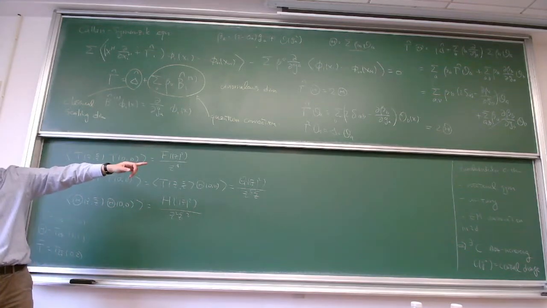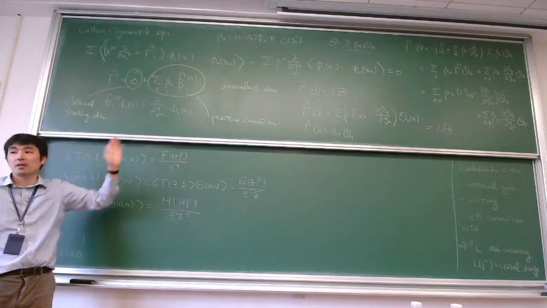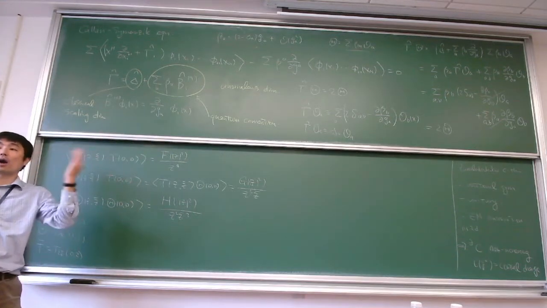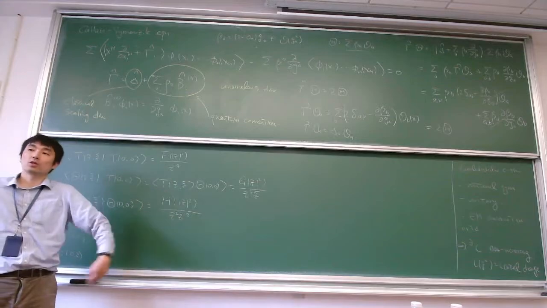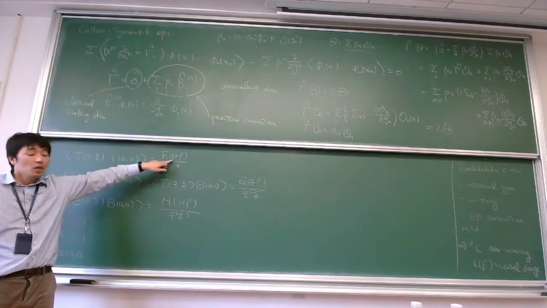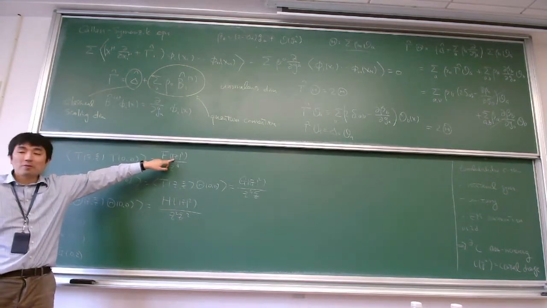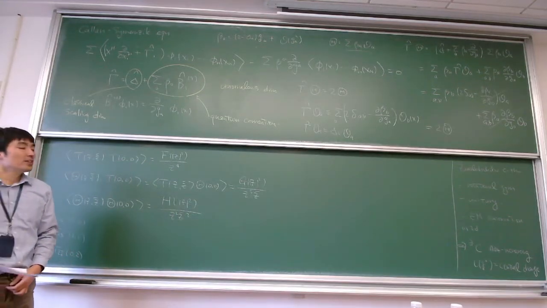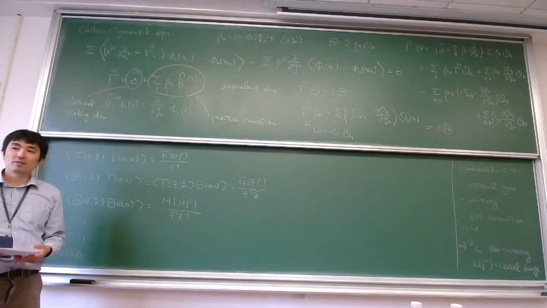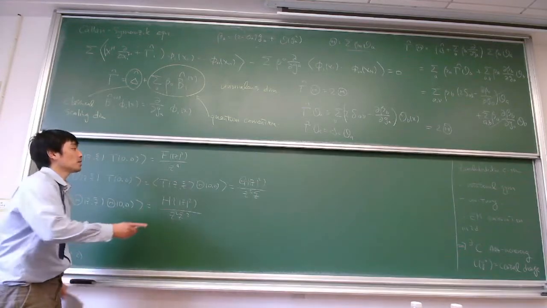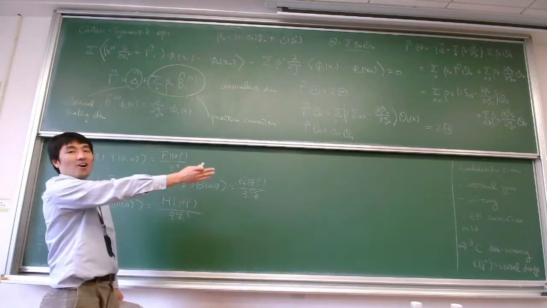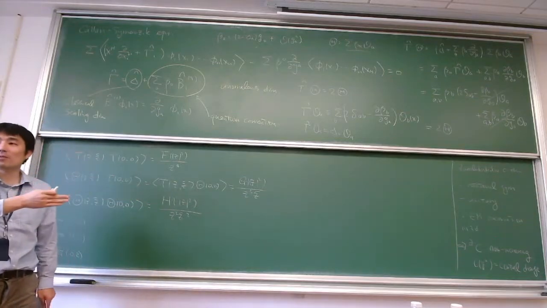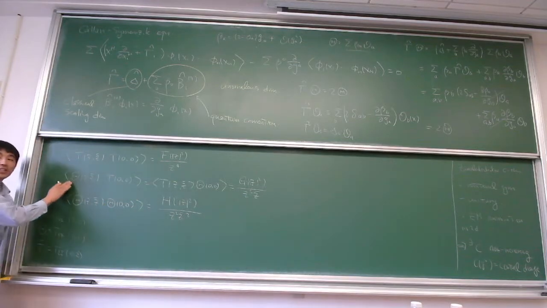We assume rotational symmetry, so the numerator should depend only on r, the radius. But the radius also has the dimension 1 over mass, right? But the theory is not conformal.